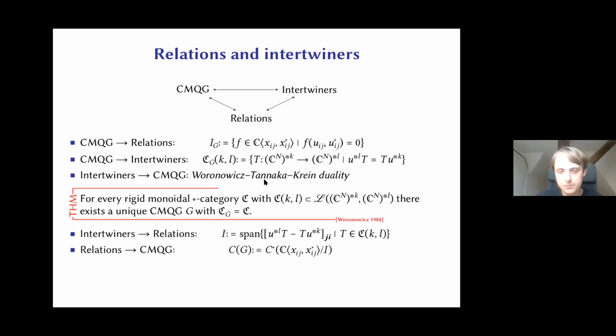If we in particular consider those matrix quantum groups, then actually it is enough to consider not all representations, but only the tensor powers of the fundamental representation. So here I consider intertwiners between u tensor power k and u tensor power l. So this is some linear operator T that commutes in this manner. So we define the intertwiner spaces like this.